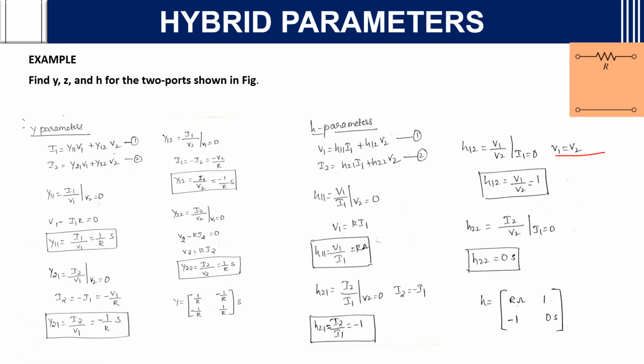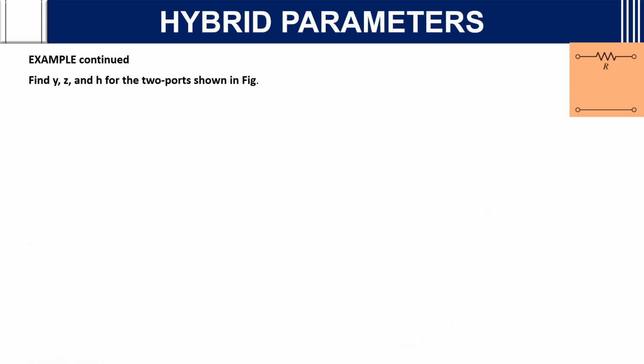So V1 will be equal to V2, so again 1. Then H22 is equal to I2 by V2. That is when I1 is equal to 0. I1 itself is becoming 0, then I2 also will become 0. So H22 will become 0 siemens. So R ohms, 1, minus 1, 0 siemens are the H parameters.